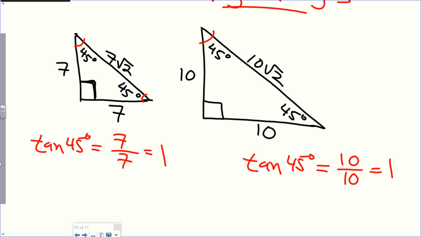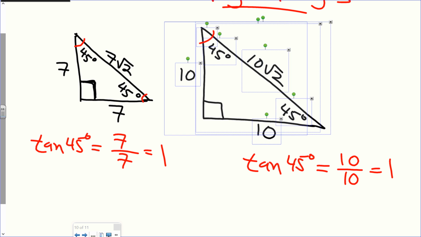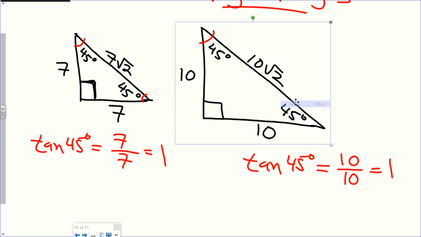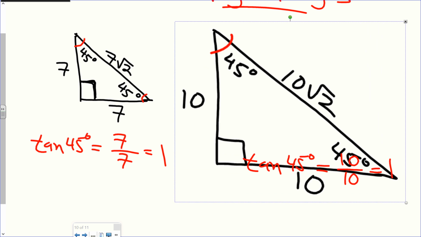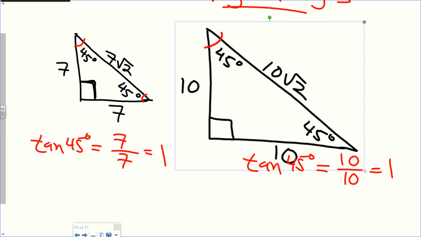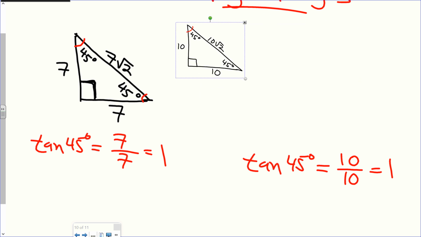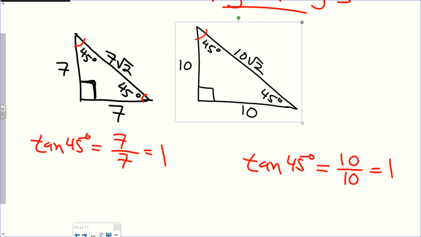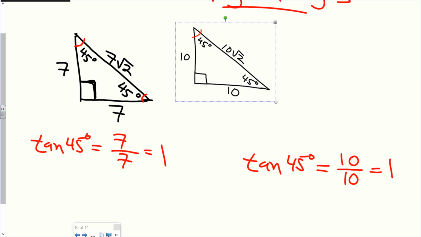So here's the moral of the story, you guys. No matter how big or small the triangle is, let's say I make it a lot bigger, or a lot smaller, doesn't matter. Look at how the 45s never change, the angles never change. The tangent will always be 1. Not only that, watch this.